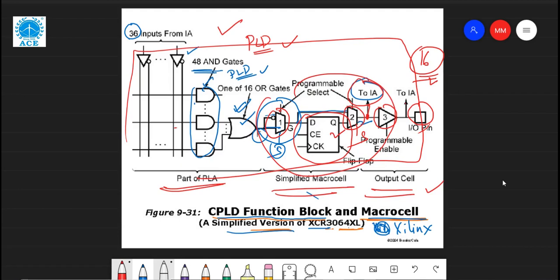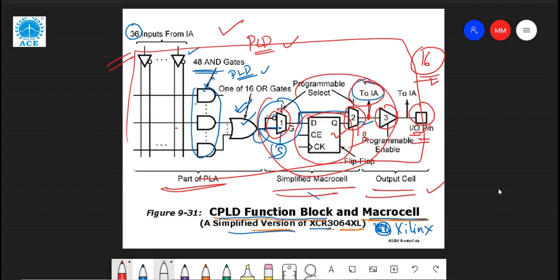In this case, for the output functionality IO, what will happen when the IO pin is used as an input? Then the buffer must be disabled, and it is directly connected. So this is the design of the macro cell, which consists of the CPLD functional block.